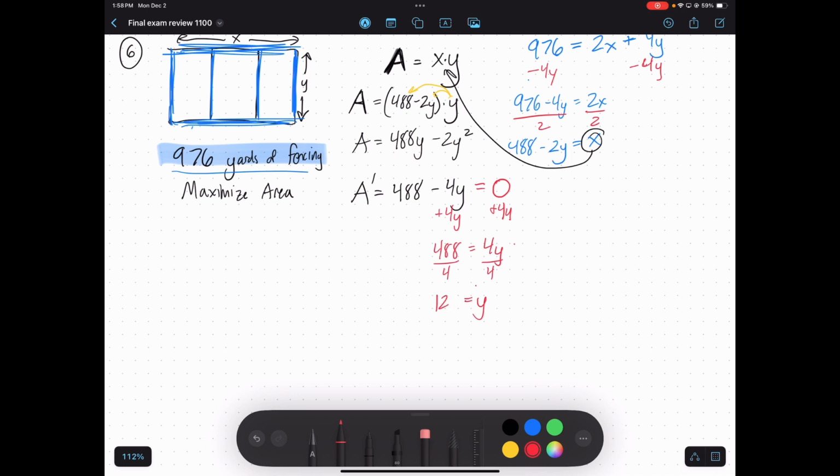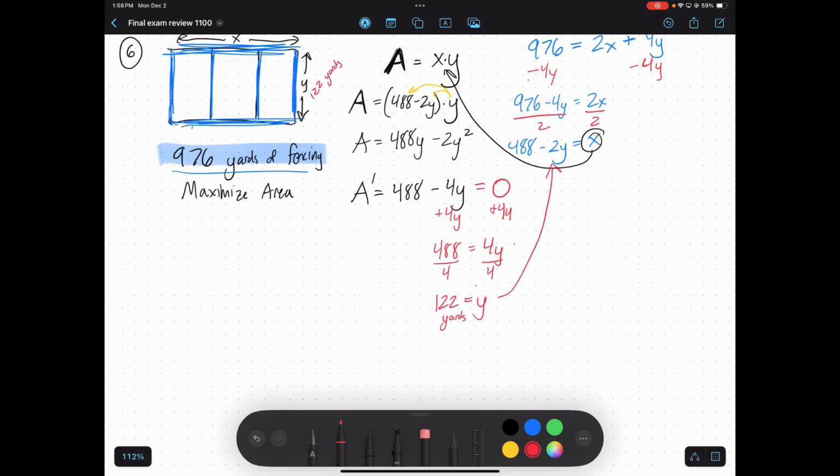Yep. 122 yards. Perfect. So now I know this distance. This distance is 122 yards. How do I figure out x? Plug that in to this equation right here.